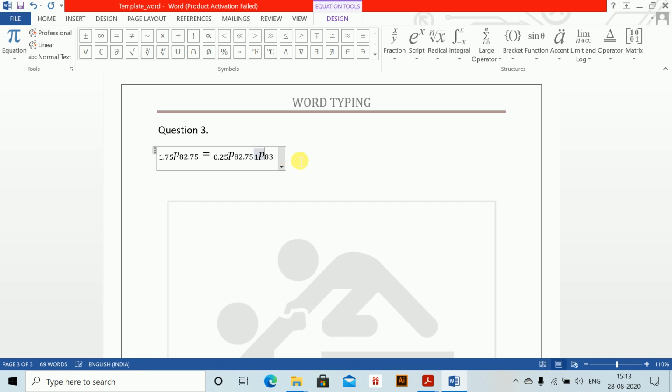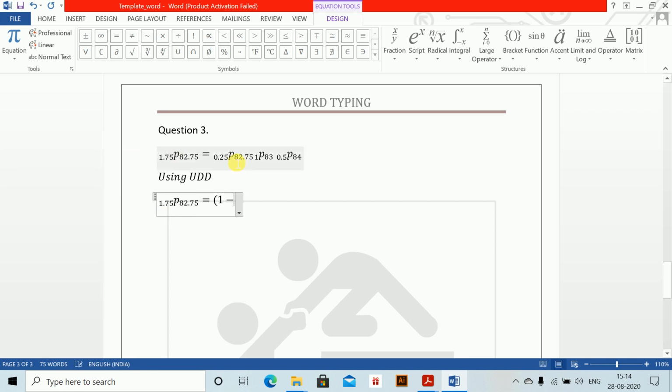Okay, and then already in between we have 0.5, so 84. Okay, so these are the values, and now we'll have to calculate the values using UDD. Using UDD, we have alt equals to 1.75p82.75 is equals to, brackets open, 1 minus 0.